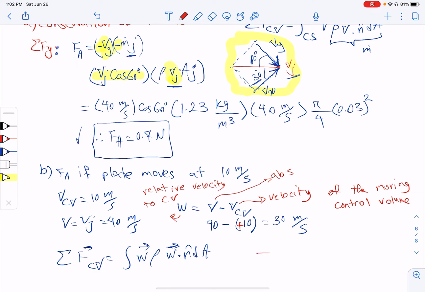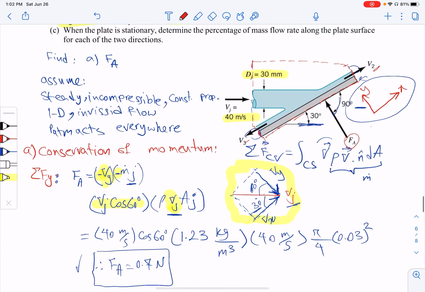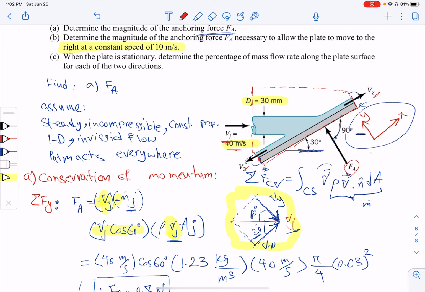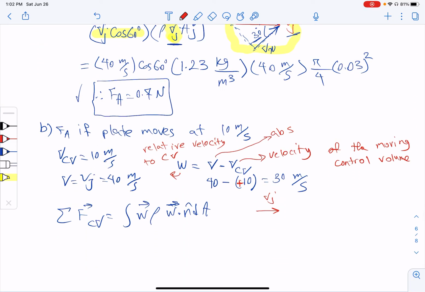So the velocity of jet, we have Vj right here as 40 meter per second. And now we are going to say that the plate is going to the right also with VCV if we call it, right? So this is 10 meter per second and this is 40 meter per second, right? And we just have a minus sign here in the formula. It's not the minus sign for V of control volume or the absolute V. So this is why we get 30 meter per second.